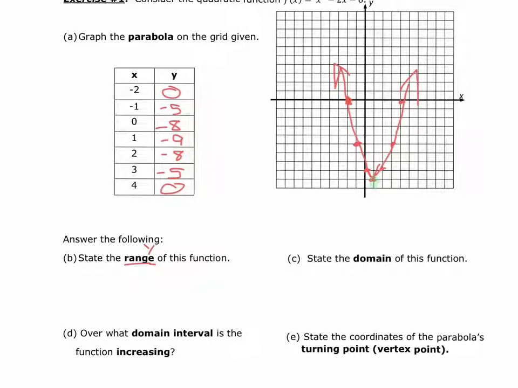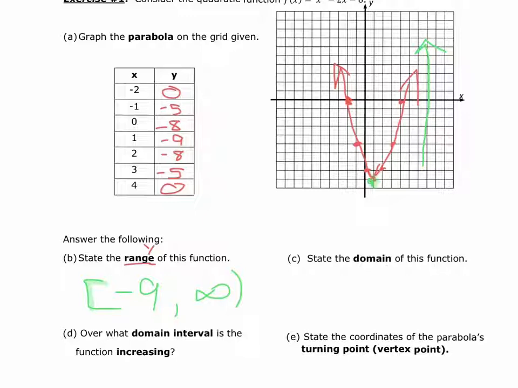So I have a minimum right here at negative 9, because remember we're looking at the y values, and then it keeps going up, up, up, forever and ever, because those arrows would keep going, so it would be to infinity. Infinity and beyond.